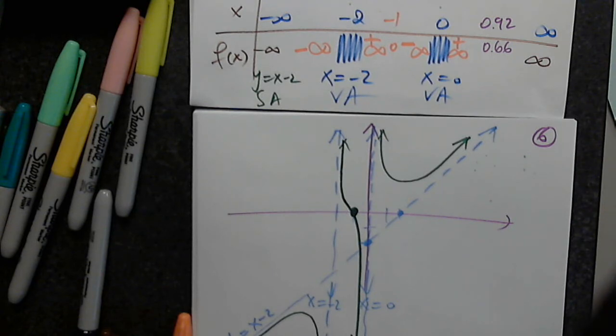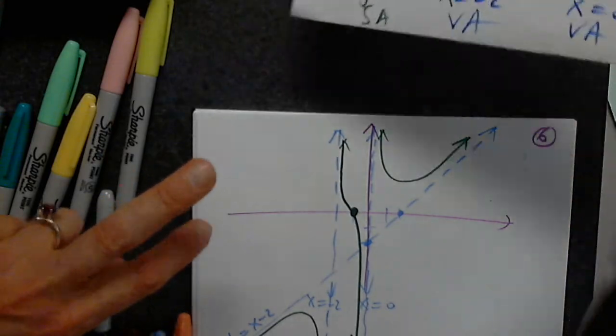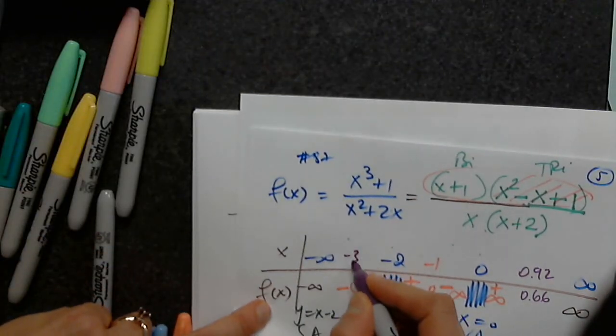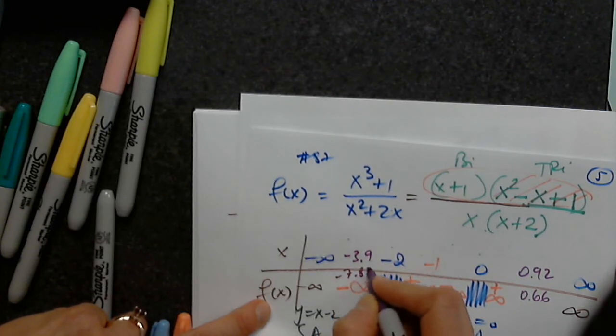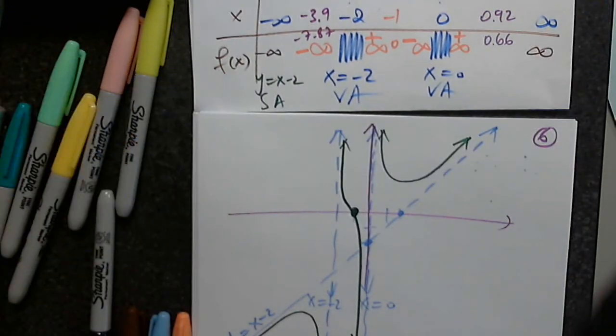Good. I see it includes the maximum, so I don't want to guess. So the maximum is at negative 3.9, and the maximum is negative 7.87. So on the other side, I put negative 3.9 and negative 7.87. Now I know absolutely everything about this function.